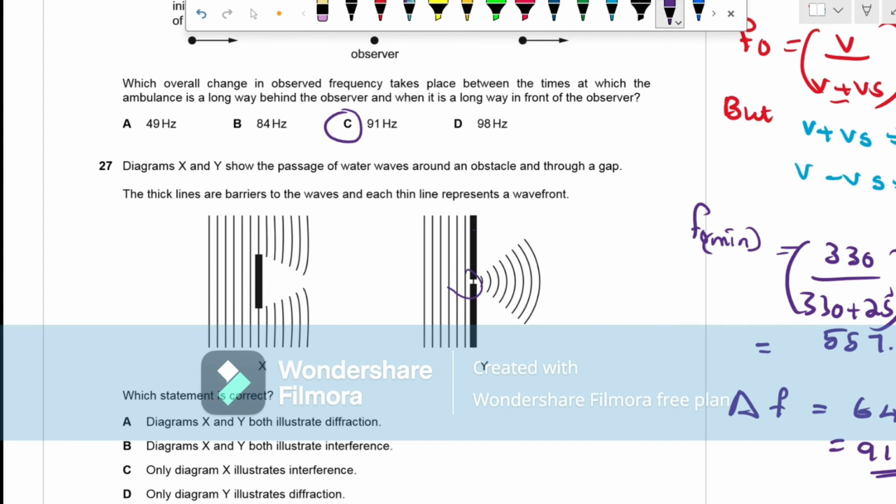This one shows diffraction through a slit, but this one shows diffraction past an edge. They are both showing diffraction, so it's very important for you to be able to distinguish that. This is an edge and this is also an edge. If it's two edges, it's still just going to show diffraction. So both X and Y illustrate diffraction.